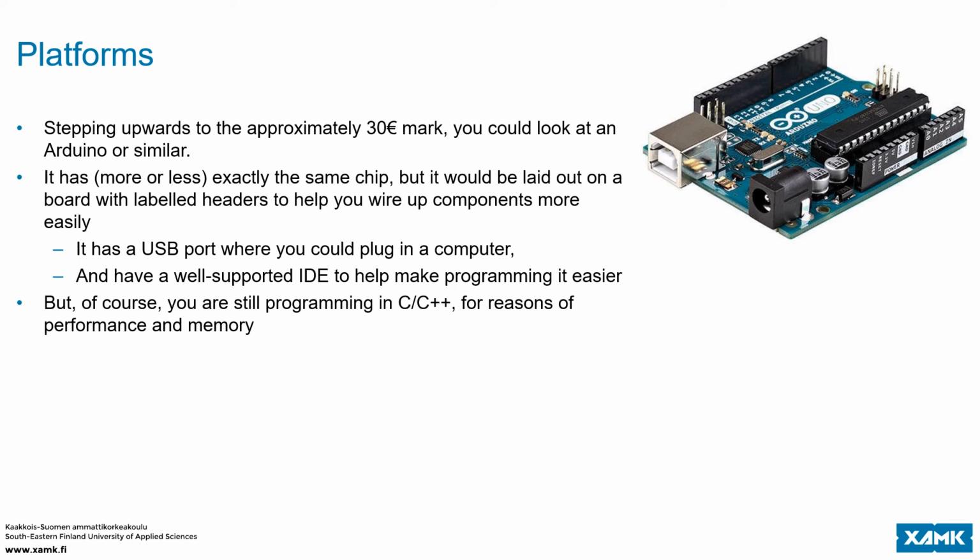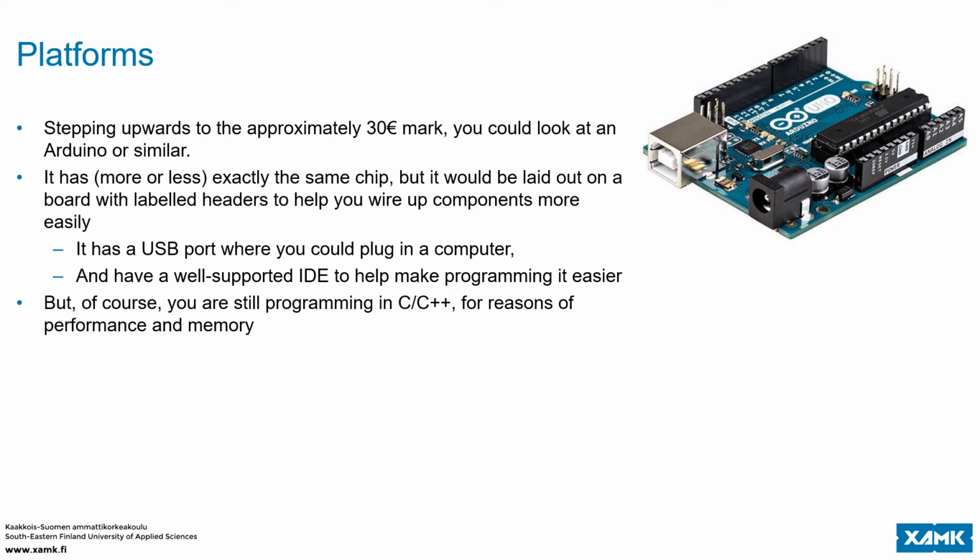So if we step upwards to the 10 to 30 euro mark, we could look at Arduino boards or similar. In the labs, we use the ESP32, which costs around 15 euros to buy. They have more or less the same chip inside, but they are laid out on a board with labeled headers that help you to wire up the components more easily.